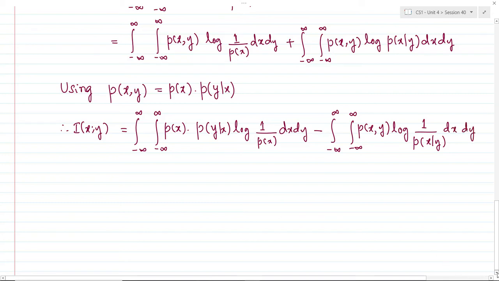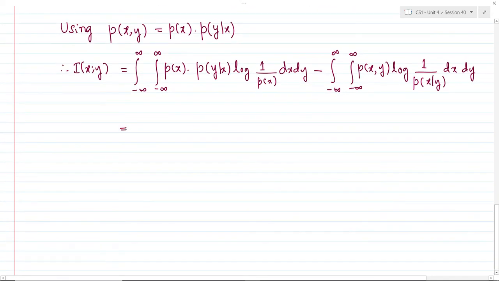All right. In the first term, if you carefully observe, I can separate the terms involving x.